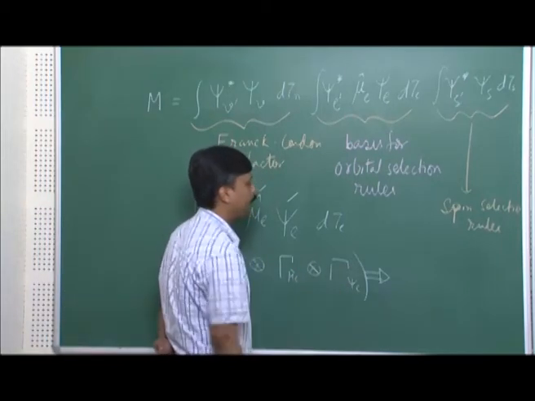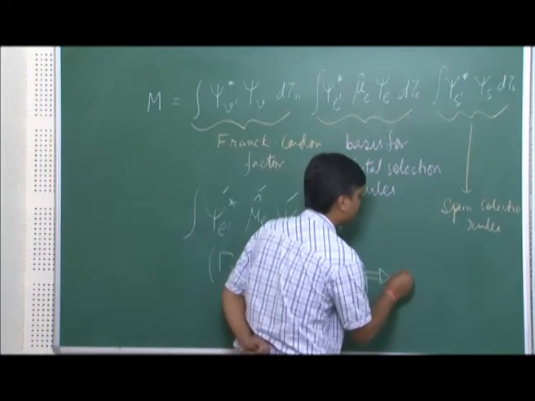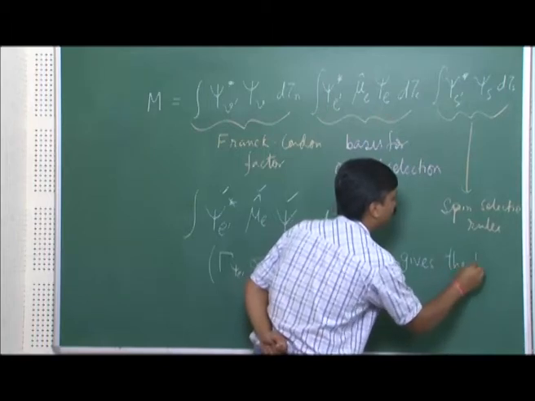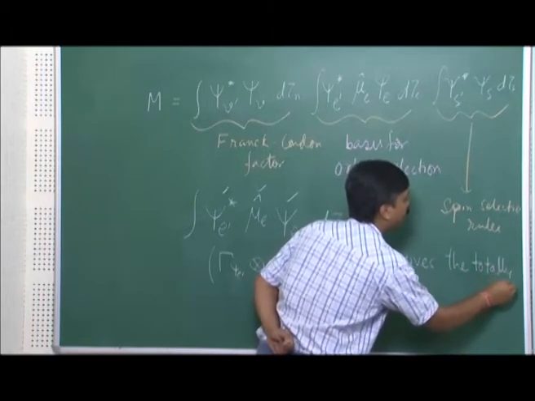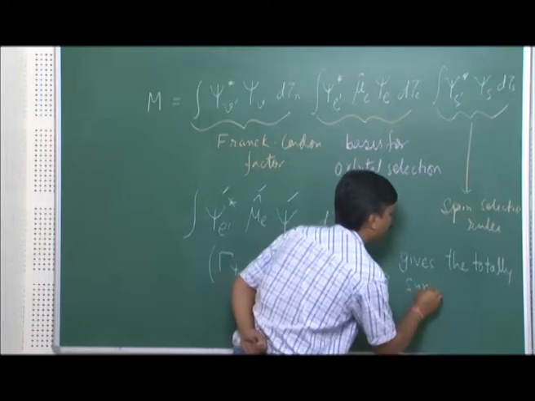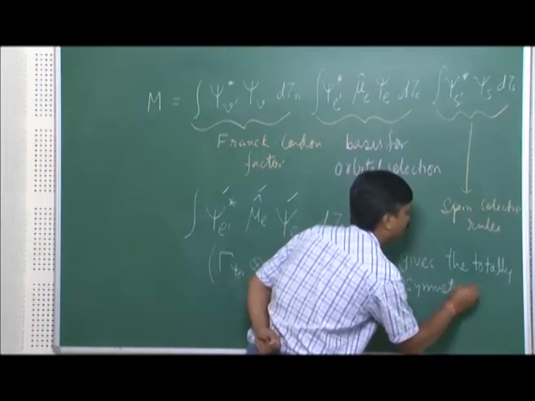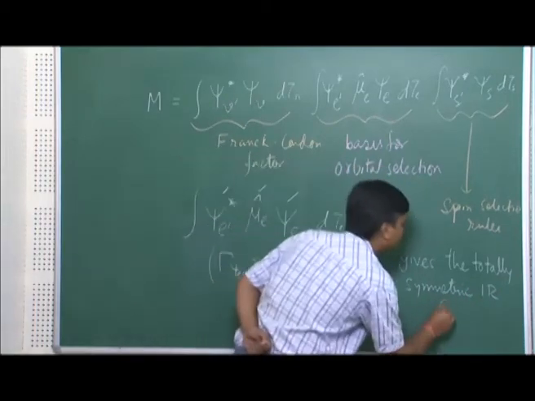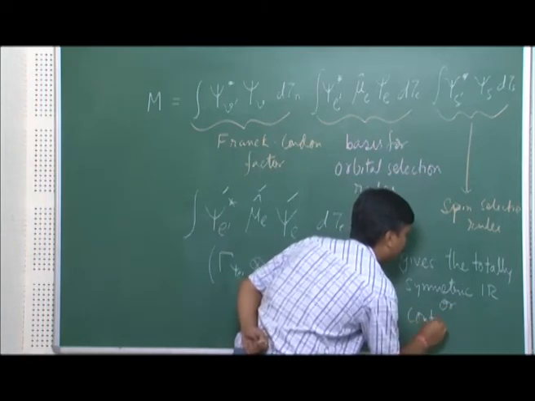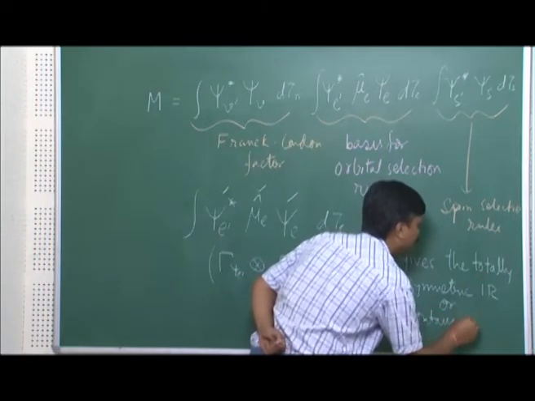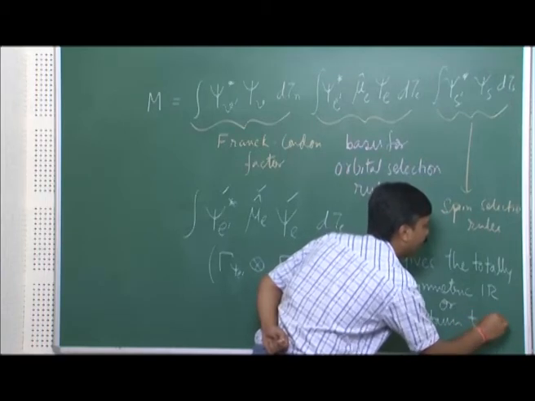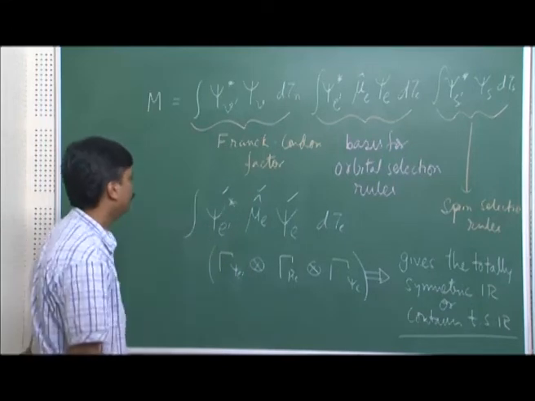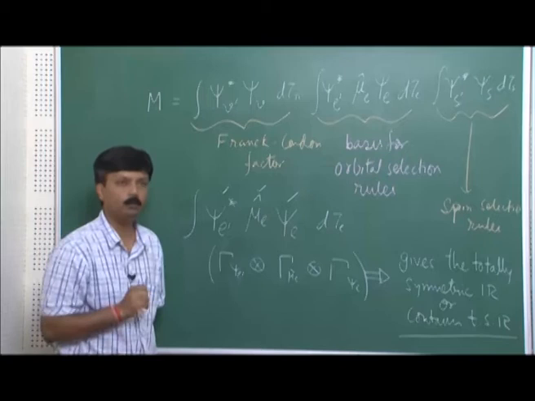If this triple direct product gives the totally symmetric irreducible representation as a result, or contains the totally symmetric IR as one of its components, then this transition will be allowed, right.